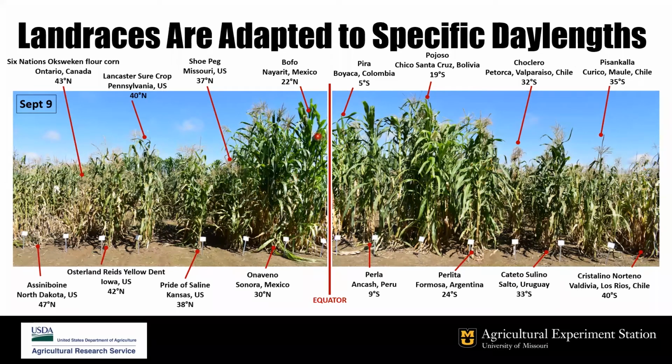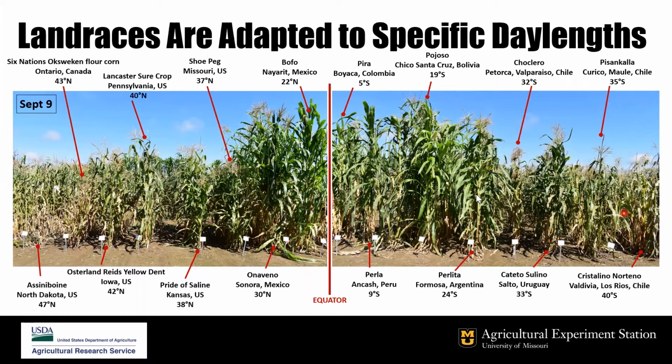Once we cross the equator, then the corn plants become shorter and shorter and shorter. The different land races are now adapted to ever increasing day lengths, just like the long day lengths in North Dakota. As we move south across the continent of South America, the day lengths get longer and longer again.